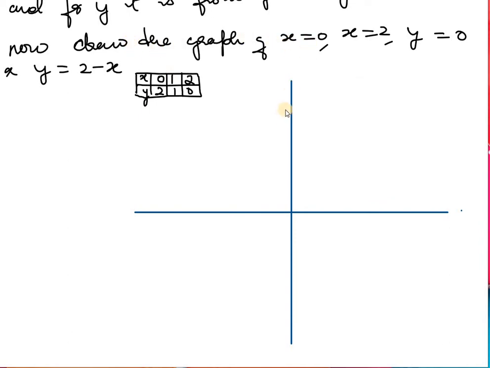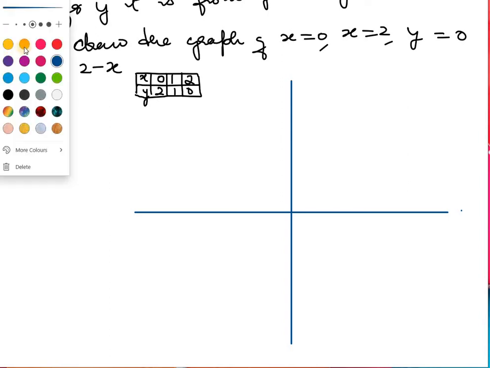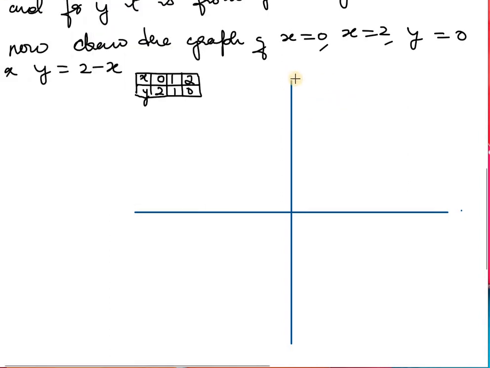Then what is x equal to 0? That means it is along the y-axis. So this is x equal to 0. This is the y-axis. This is the x-axis. This is the origin. Now next, x equal to 2.